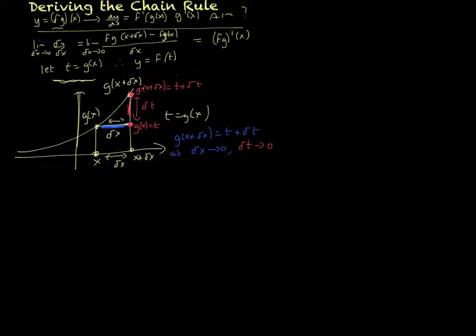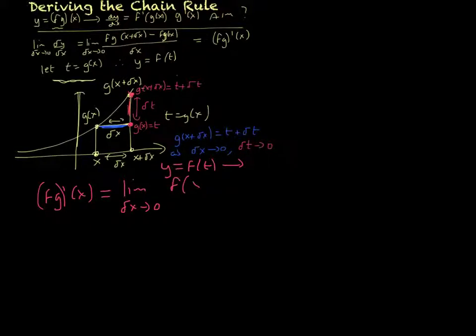So the result of all that is that we can now say that (fg)'(x), so fg all prime of x, must be the same as the limit as delta x tends to 0 of, because remember we're starting with y equals f of t if we're using first principles, f of, sorry, we know that g of x plus delta x, this bit here, is now t plus delta t.